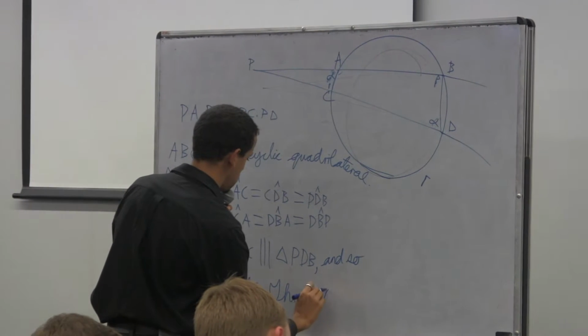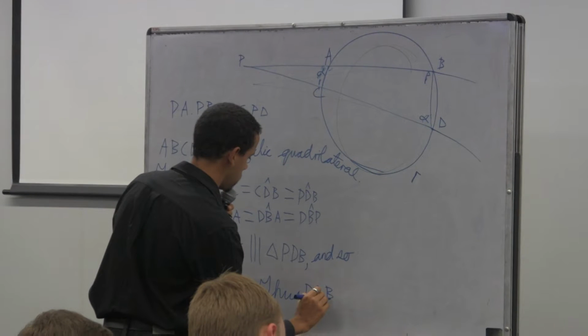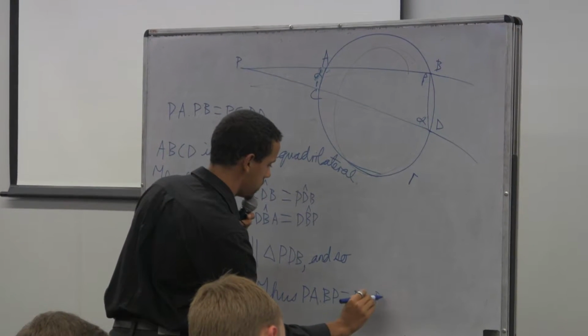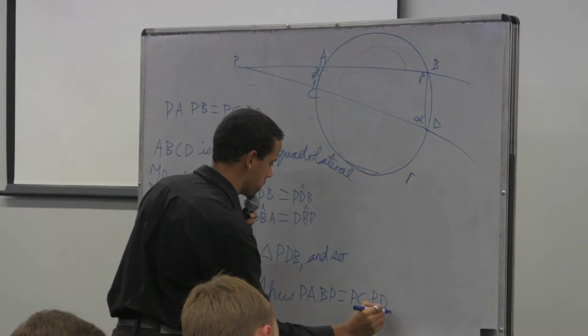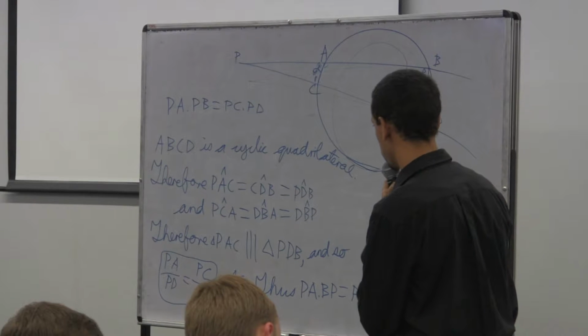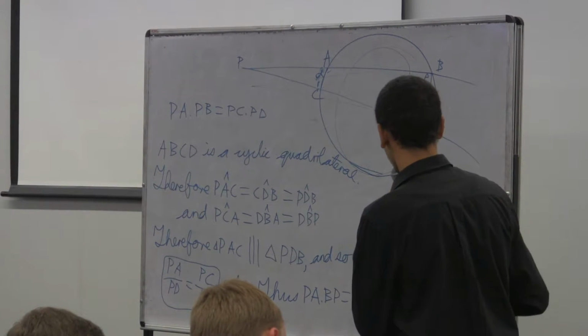Thus, PA times PB equals PC times PD. And then that's the end of your proof.